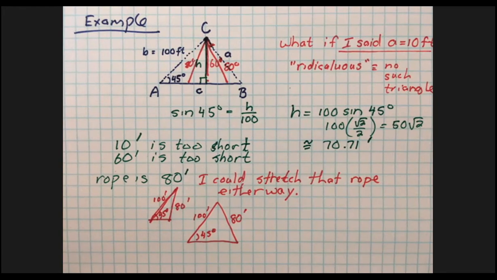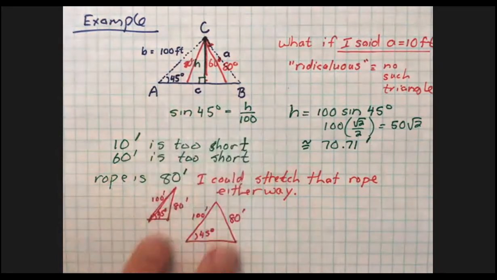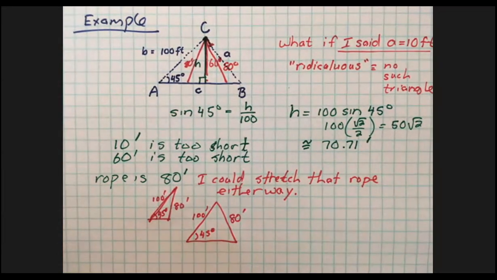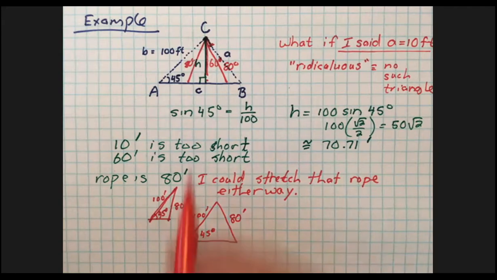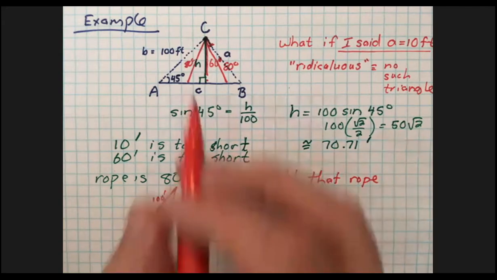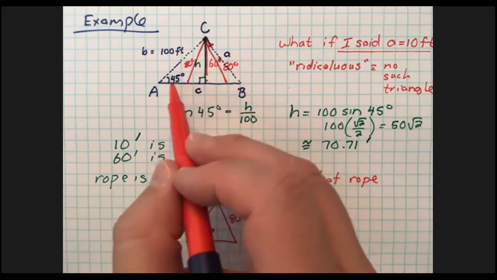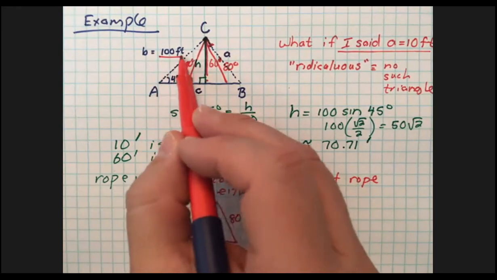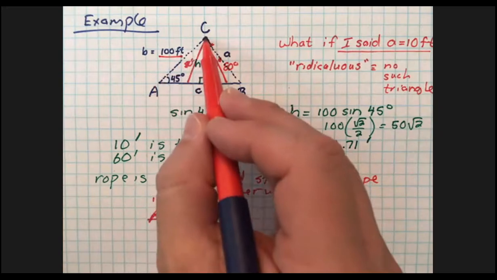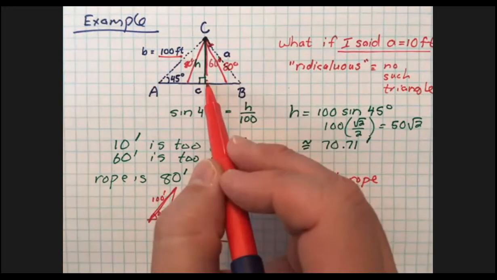How do you know if there's more than one triangle in a problem? This is the example that tells you. Now your problem's got different numbers in it, okay? Well, that's fine. But if you imagine that crane at a different angle, different length crane, you can tell me how tall the tip of that crane is from the ground.